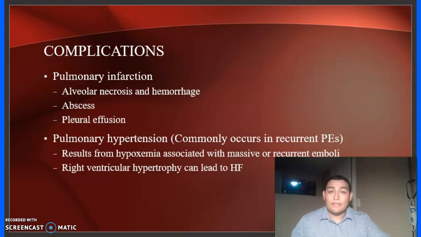Because there's this change in pressure within the pulmonary artery, it creates a big strain on the right side of the heart, which can cause hypertrophy and lead to heart failure. This can affect quality of life for a patient, resulting in quite a few other comorbidity issues as well. But their quality of life and also length of life can vary, depending on how severe it is.